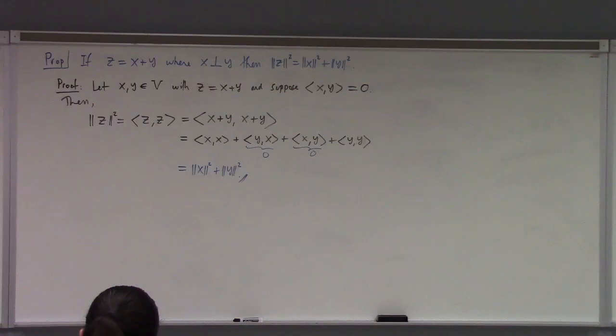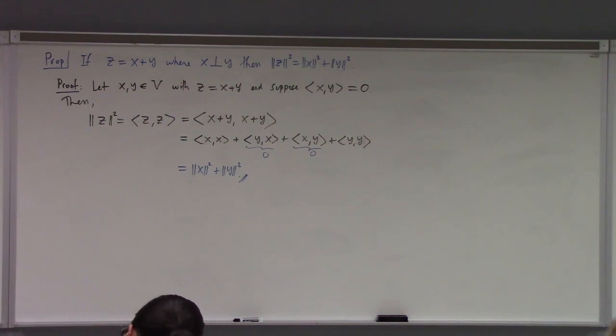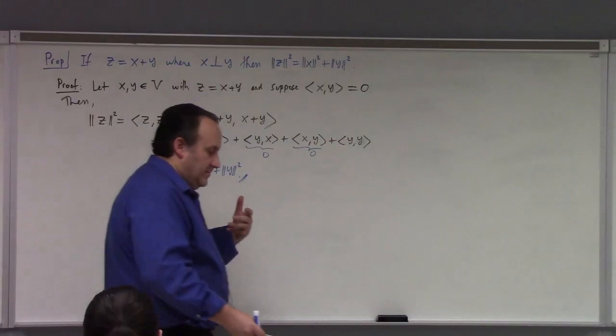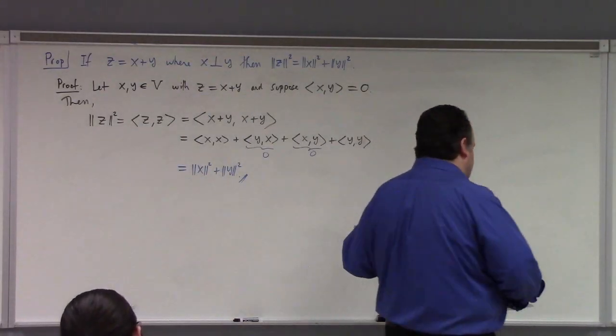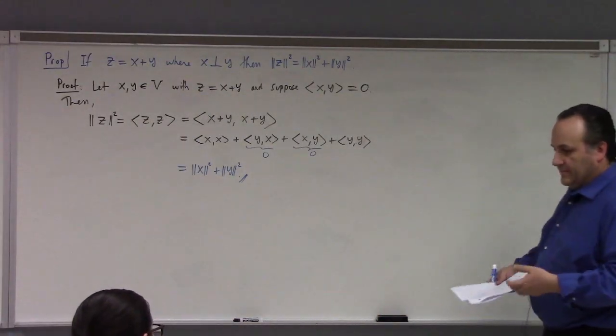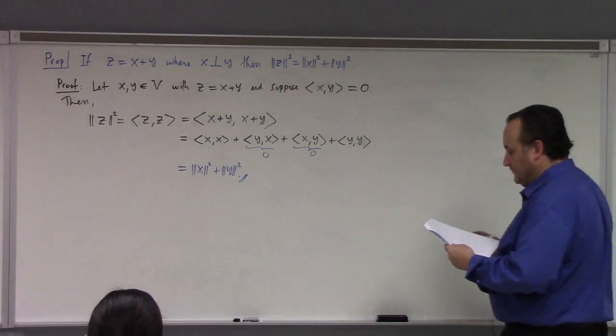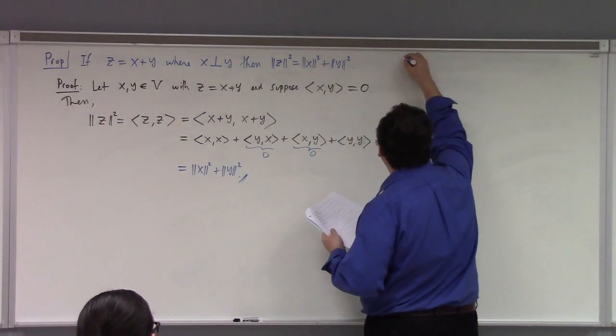So that brings us to the more systematic study of orthogonality. I want to talk about our standard examples, and ask: is the standard basis orthogonal? So let's study that.